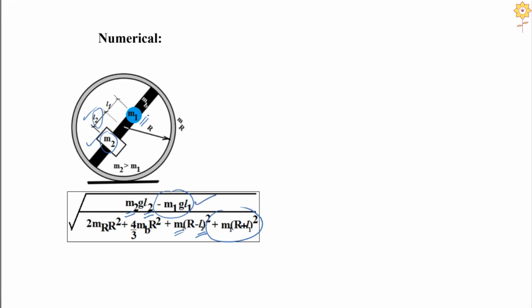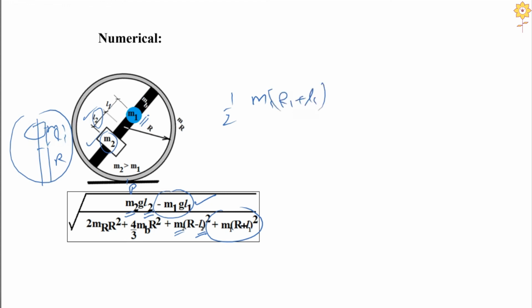And for kinetic energy, we have the mass moment of inertia of this mass m1 with respect to the contact point P, which will be half times the mass m1 into the distance between the contact point and this one, squared. Because this is mass m1, this is r, and this distance is l1, so r plus l1 is the distance, and I want the square of that.